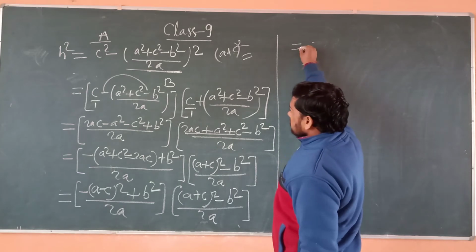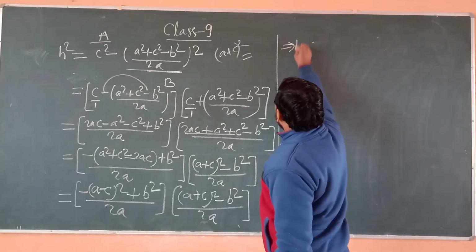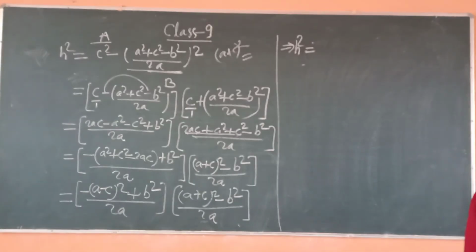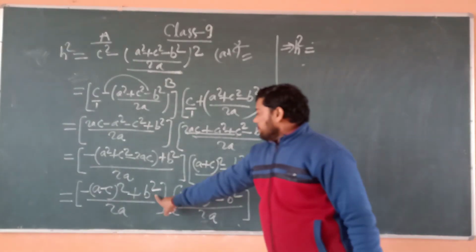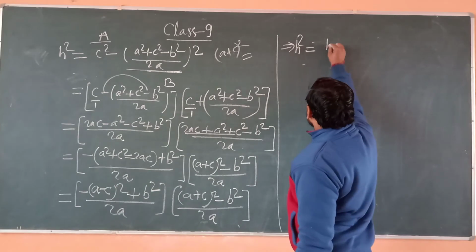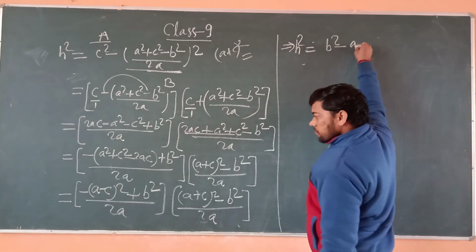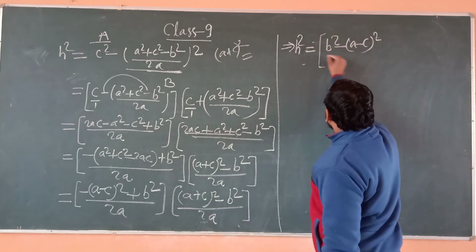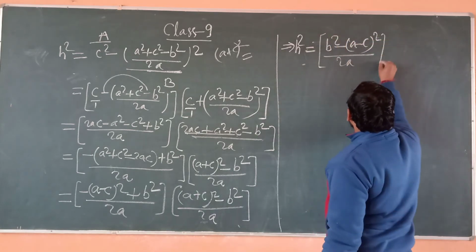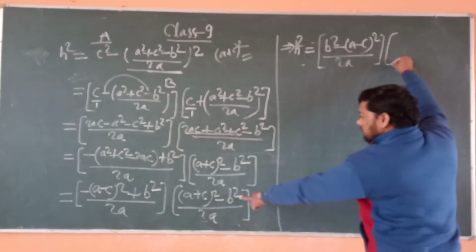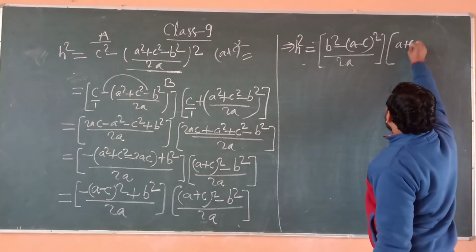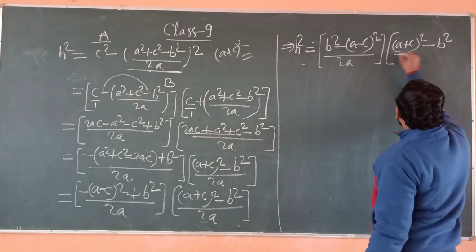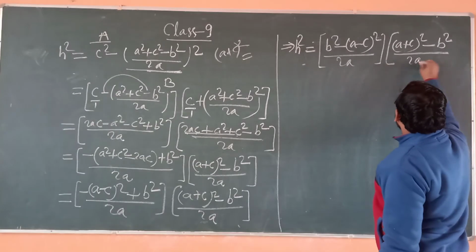When we multiply, h square is equal to b square minus (a minus c) whole square upon 2a, into (a plus c) whole square minus b square upon 2a.